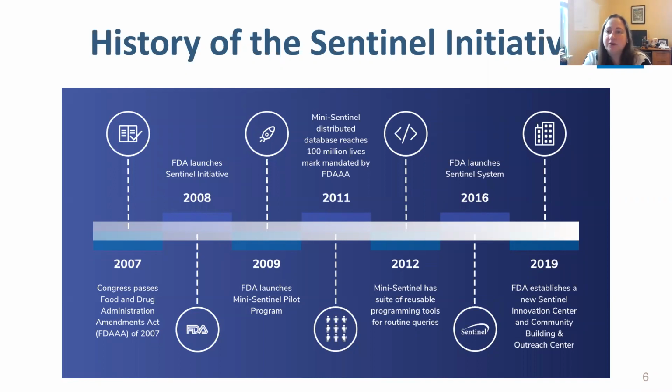Now instead of a single operating center, we have 3 centers. There's still an operating center that helps us manage the overall Sentinel system. There's also an innovation center doing a lot of work on different methods projects to expand our analytic capabilities. And then we have a community building and outreach center to help us make Sentinel a national resource and reach out to other stakeholders outside of the FDA.